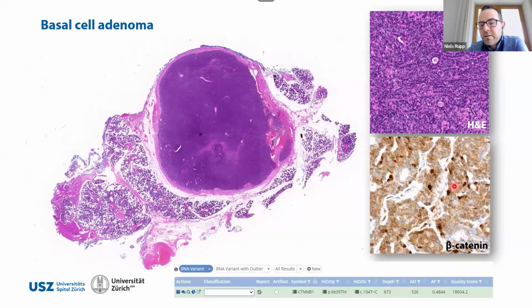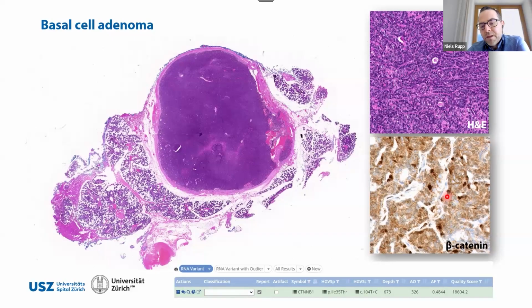It's very important to appreciate this kind of pattern, because in my consultation practice it is often mistaken for a negative result. This is a very typical result, where you only see the beta-catenin nuclear reactivity in single myoepithelial cells within a basal cell adenoma. So be careful to look exactly at the beta-catenin slide, because, as I said, this is a typical positivity for beta-catenin.